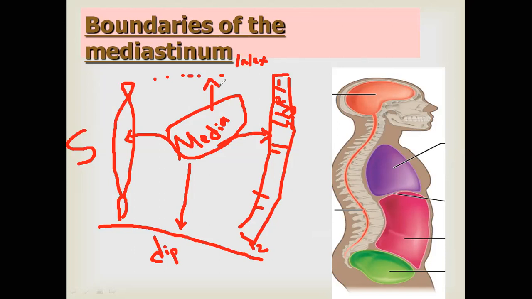I wanted to make it very simple, so I want to divide this space into multiple spaces. I will draw a line from the junction of the body and the manubrium sterni.